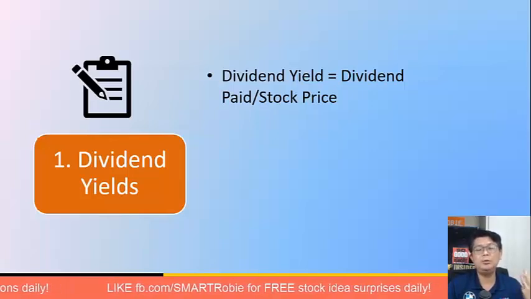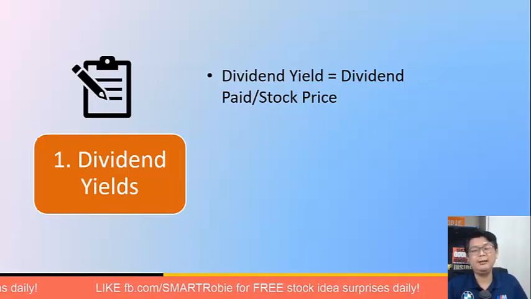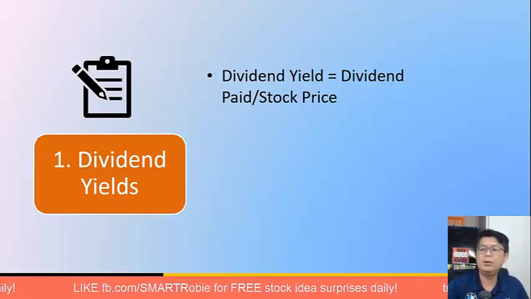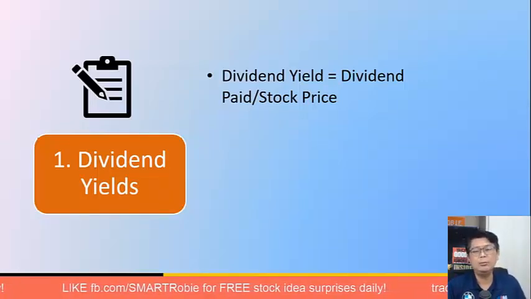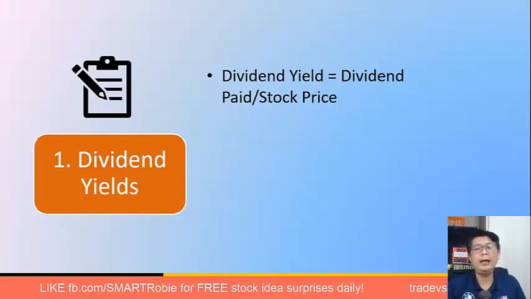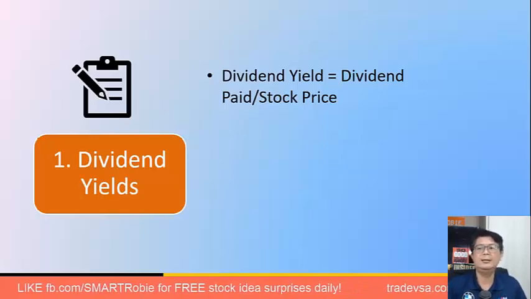And right now, due to the low interest rate that we get from the banks, which is generally about 1.75, I think many of the dividend yields that we have are definitely better than what you're getting from the banks.